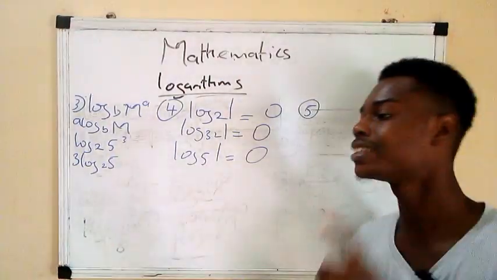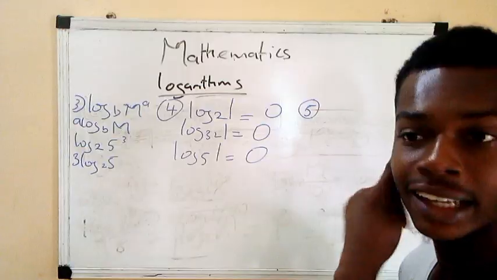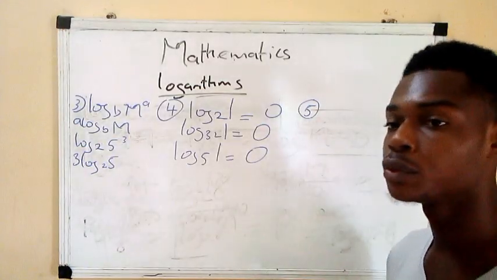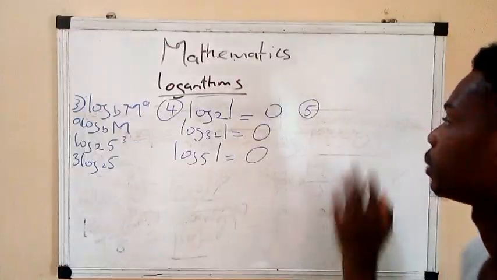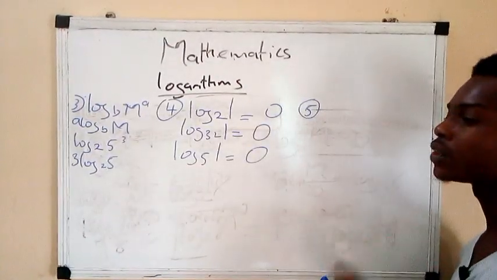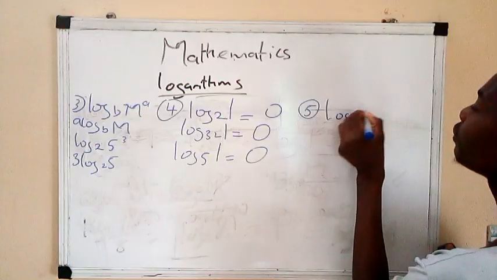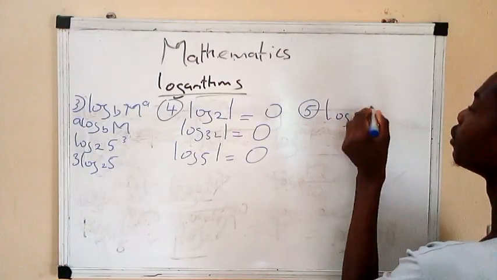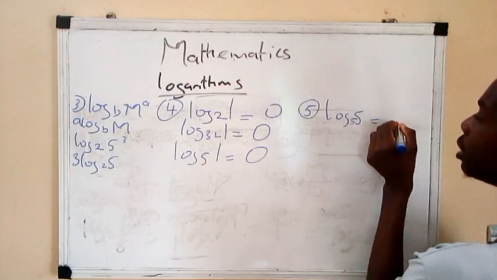Remember I told you that I would explain what I did in the second law, where I had log 2 base 2 and I gave it 1. I'll come and explain it. Listen to this. Whenever you have something like log 5 base 5, it is the same thing as 1.